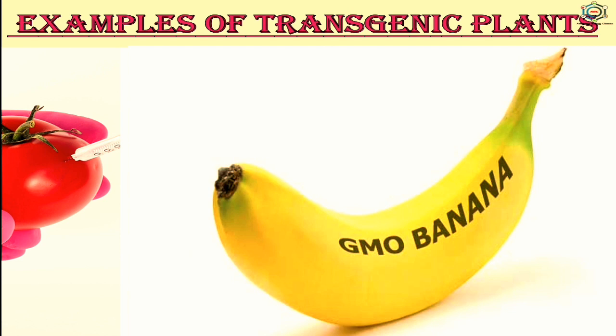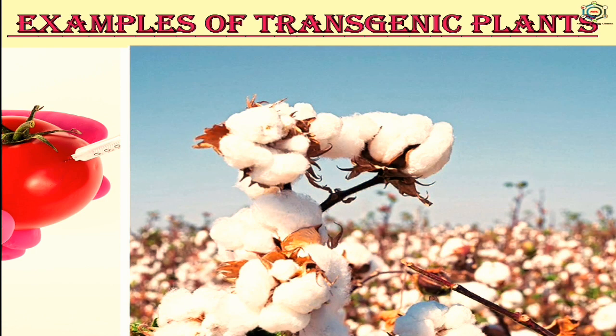These bananas act as edible vaccines to protect children against diarrhea. And the last is Bt cotton. Transgenic cotton having Bt2 toxin genes isolated from Bacillus thuringiensis is resistant against bollworms. The government has finally agreed to allow cultivation of genetically modified Bt cotton.